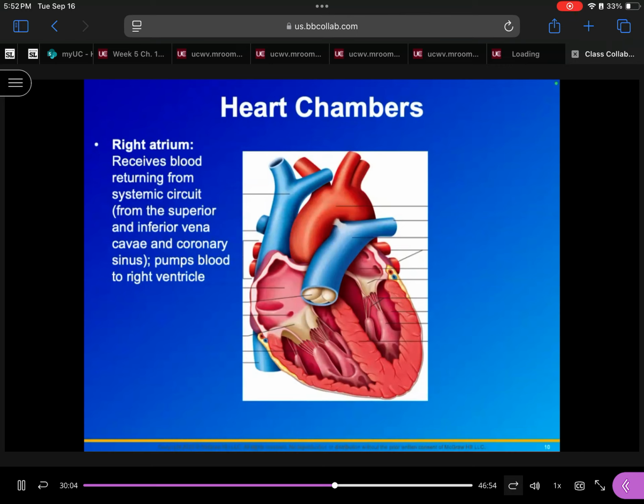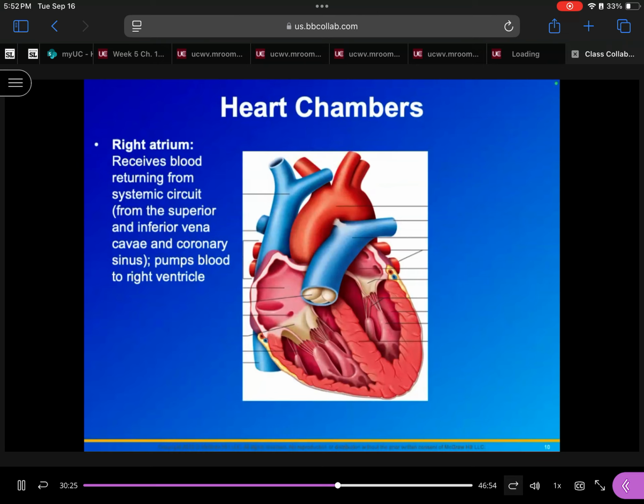That's deoxygenated blood, and we have to get that oxygenated again. So it comes into the right atrium so that we can get it out to the lungs again. This is the opening of the coronary sinus. So we have three different holes where blood is going to be coming into the right atrium.